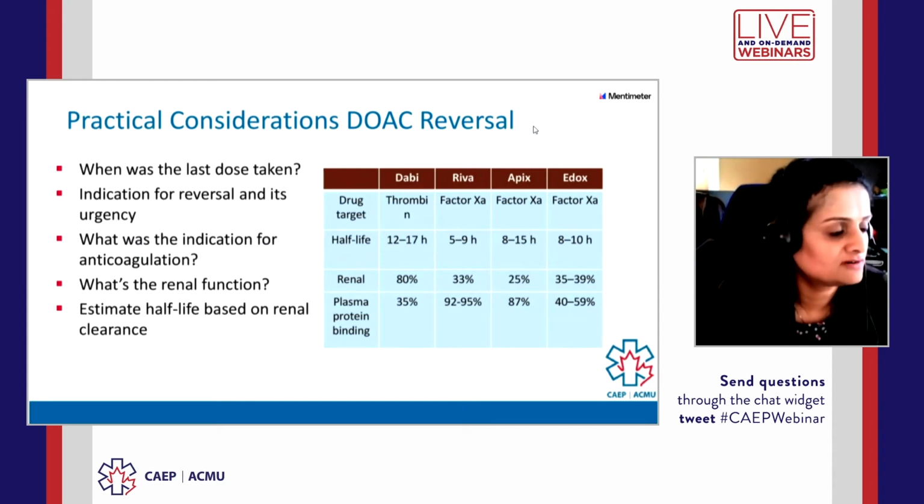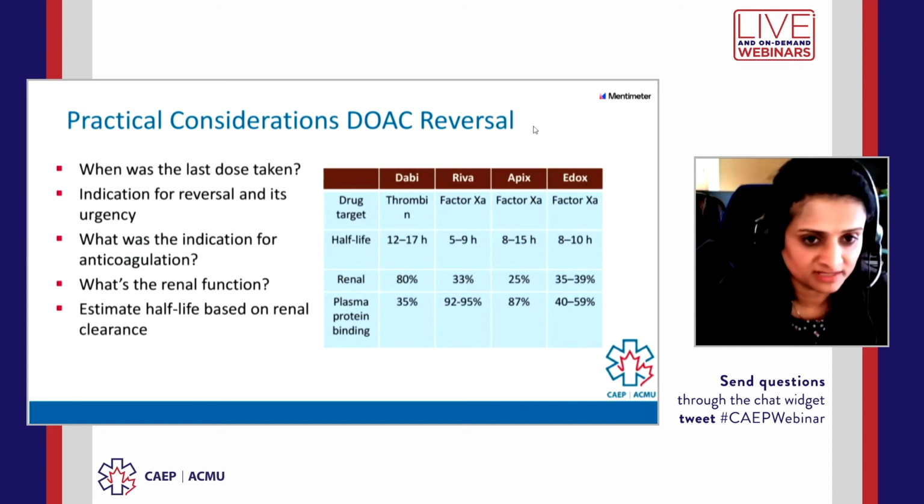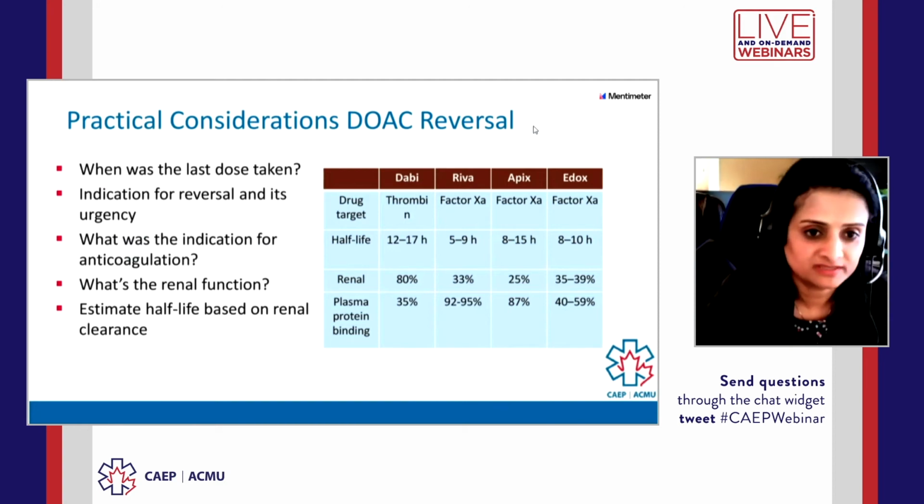This is a table that outlines the differences between the direct oral anticoagulant agents based on their renal clearance. You can see that dabigatran is significantly dependent on the kidneys for elimination, with up to 80% renal dependency. Rivaroxaban is around 33% renally cleared, apixaban is the lowest at 25%, and edoxaban varies between 35 and 39%.